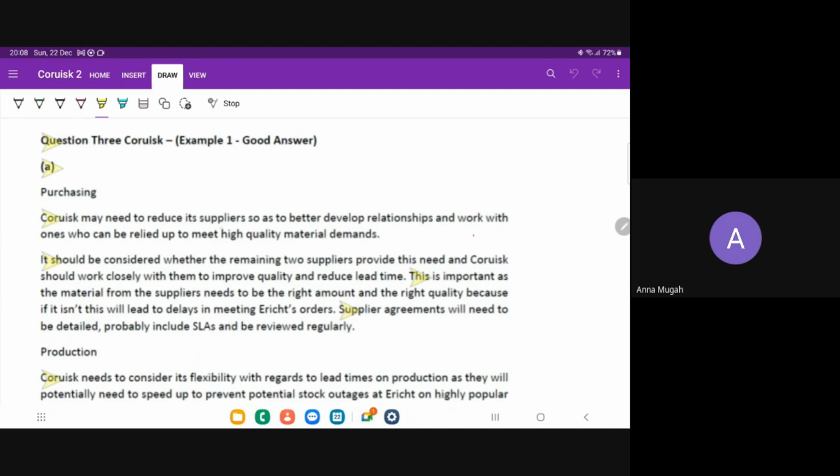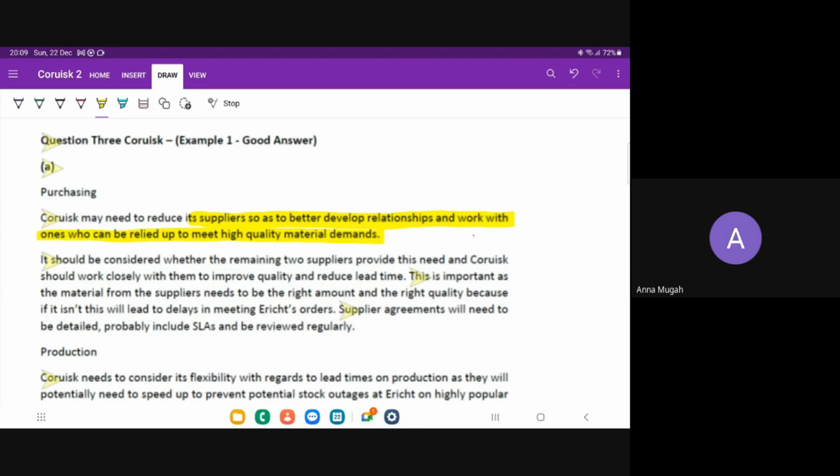Corsair may need to reduce its suppliers so that it can better develop relationships and work with ones who can be relied on to meet high quality material demands. It should be considered whether the remaining two suppliers, because there were two suppliers who were causing the issue, provide this need, and Corsair should work closely with them to improve quality and reduce lead time, right? So he has identified everything very specifically, with quite few wordings.